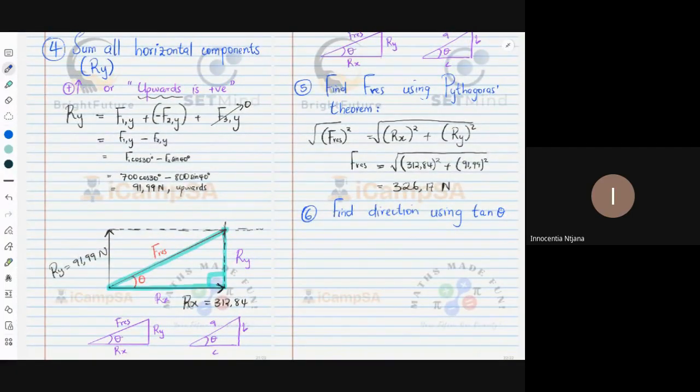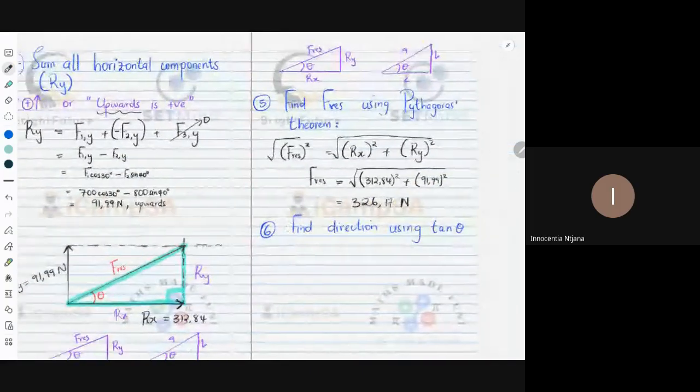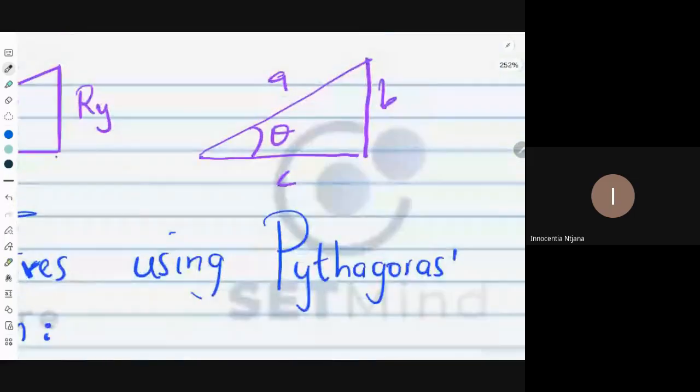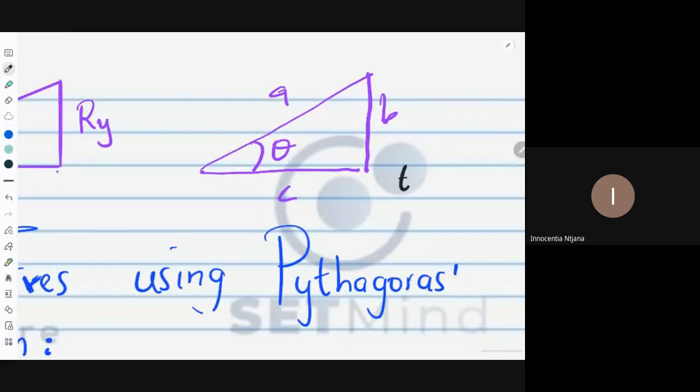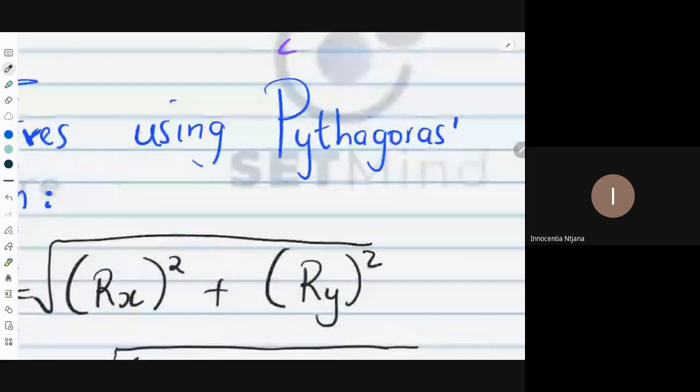No one goes and starts using sine theta or cos theta. It's just not convenient. What you do is simply say, I know that tan theta, let's bring it to this triangle, is simply B over C. Then you do the arctan thing.